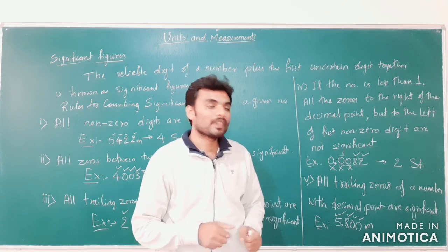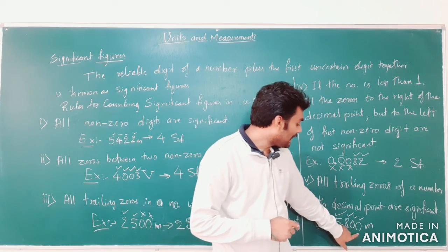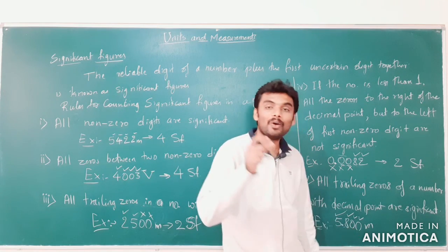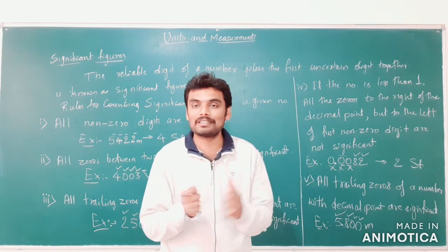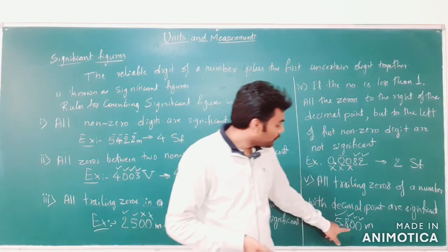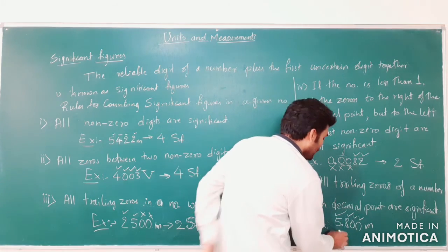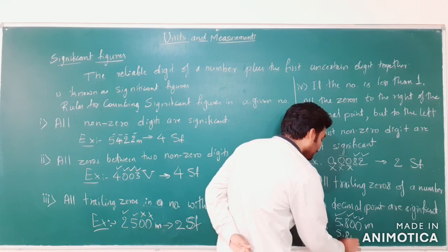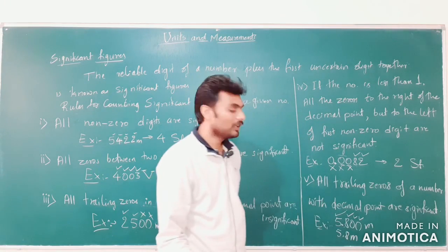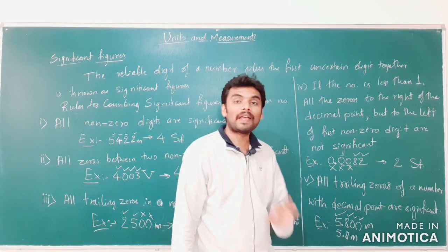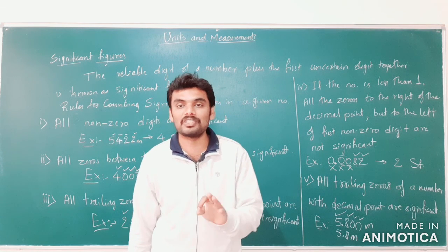The reason being, these zeros are showing us how detailed the measurement is. There is no difference if I write the same value as 5.8 meter, isn't it? There is no difference among these two numbers mathematically, not physically.